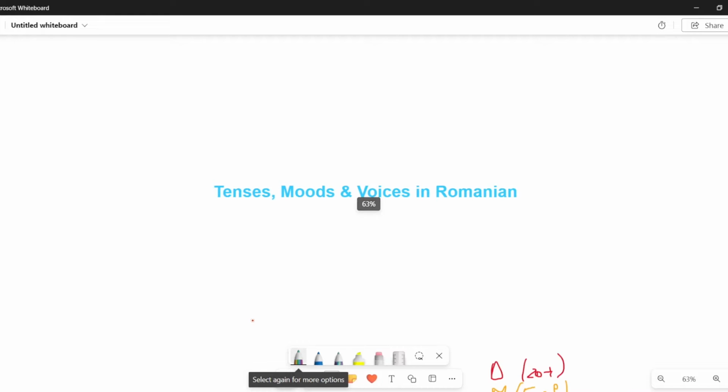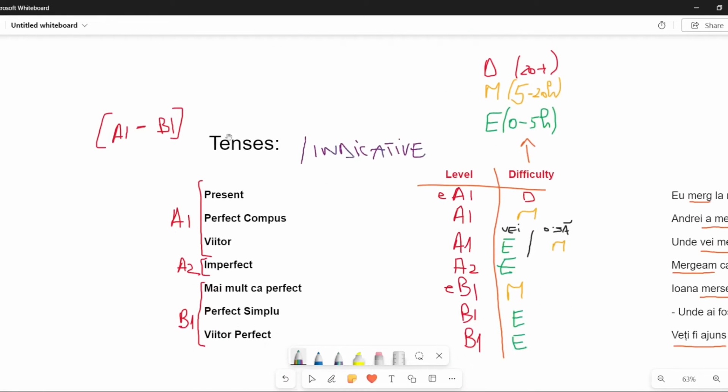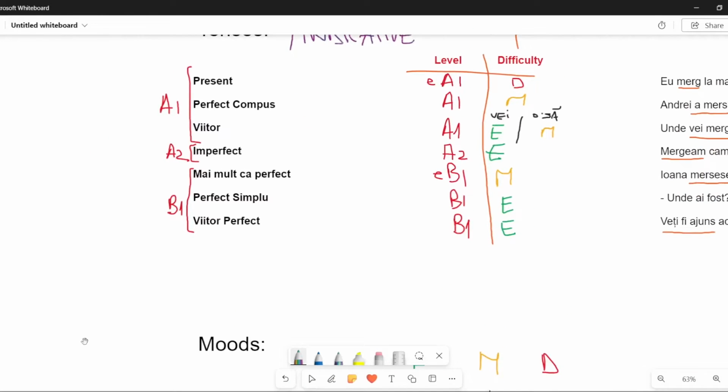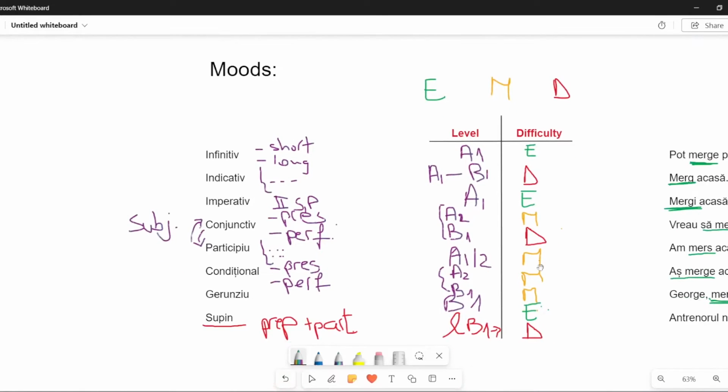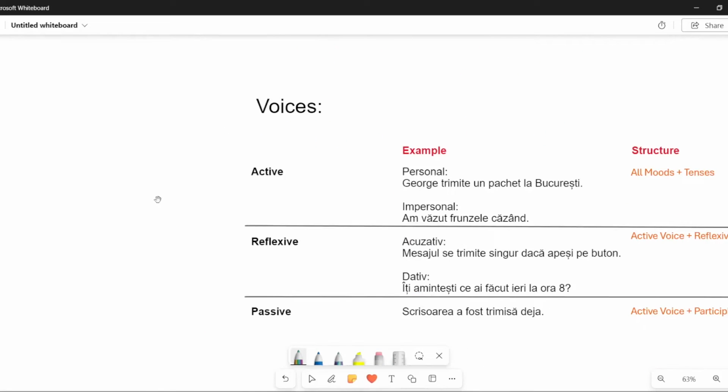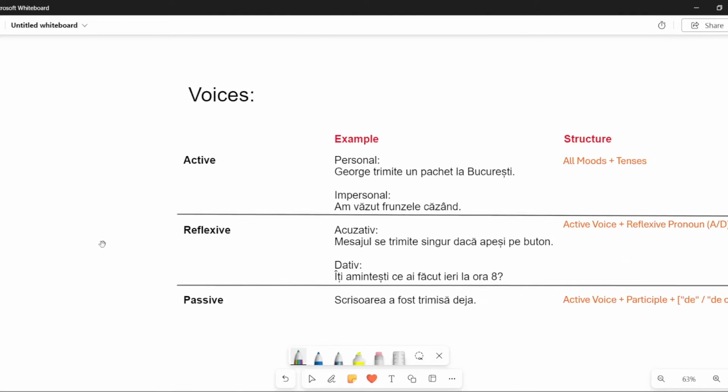Hope you remember previously we covered the tenses and their level and difficulty, the moods, with a similar approach, and today we're gonna move to voices.